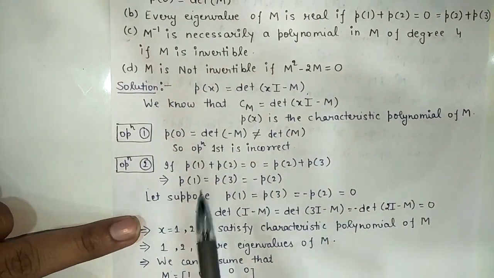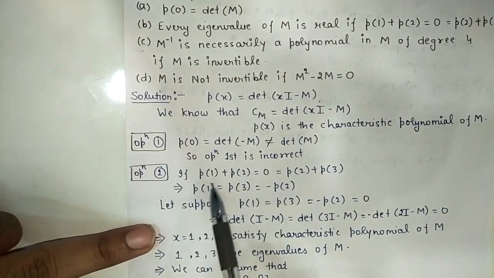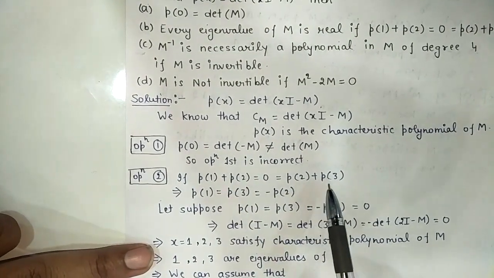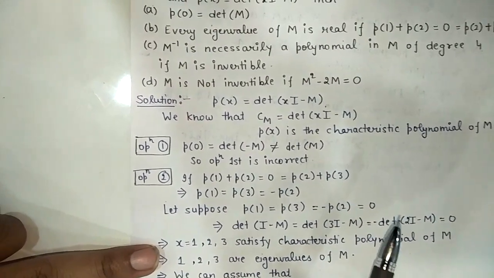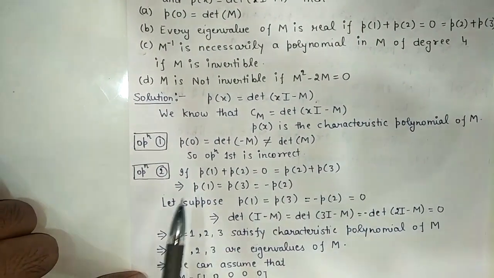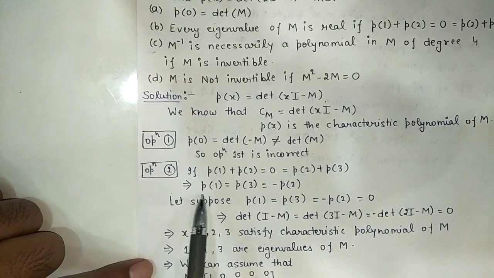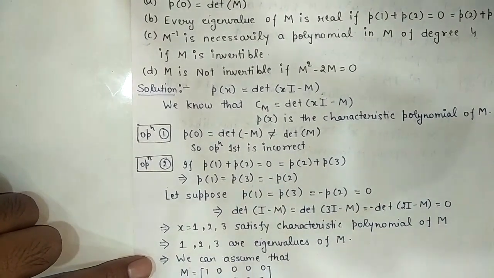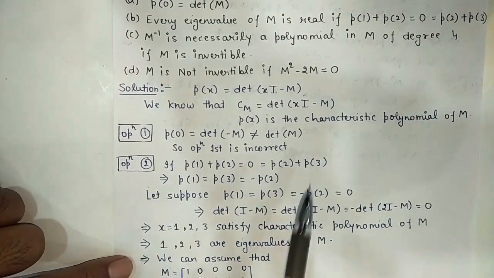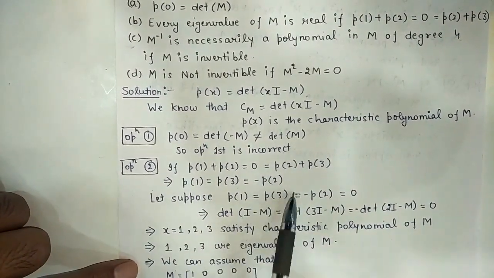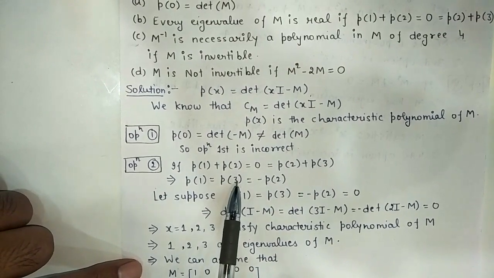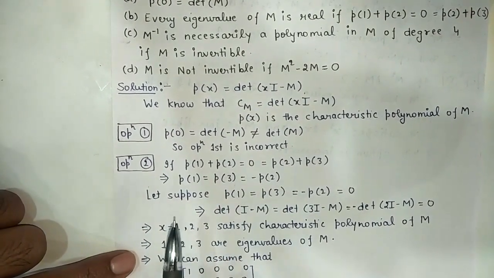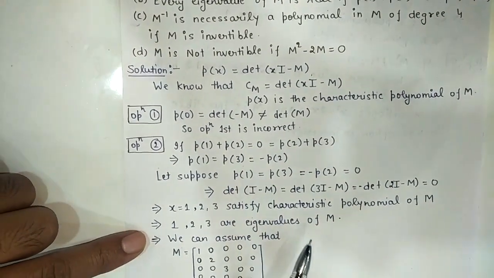Now come to the second option. Here it says that if P(1) plus P(2) is equal to 0 and P(2) plus P(3) is equal to 0, this implies that P(1) is equal to P(3) and this is equal to negative of P(2).